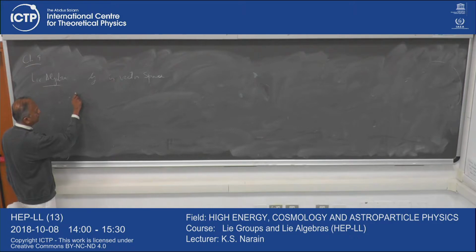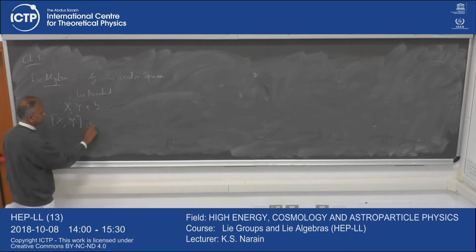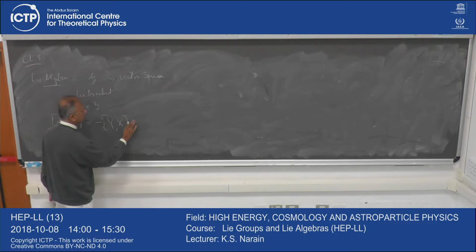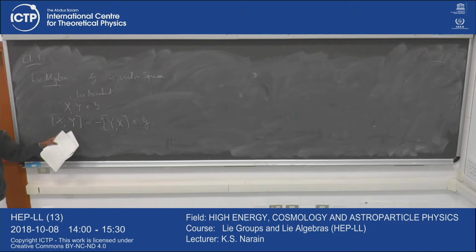But together with that, a Lie bracket is also there. Lie bracket has been defined. So for every x, y belonging to G, there is an antisymmetric object which is also in G. I mean, [x,y] is equal to minus [y,x], and it belongs to G. And this bracket preserves the vector space structure.